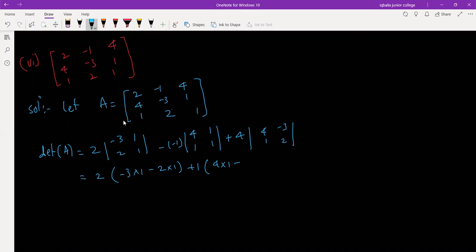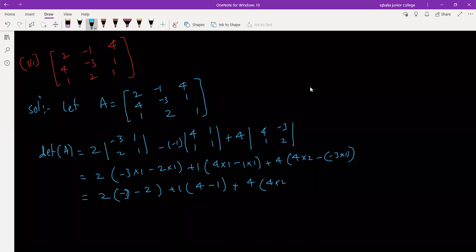So here 4 into 1 minus 1 into 1, plus 4 into 4 into 2 minus, then minus into 1. So 4 into 2 is 8, then plus 3.